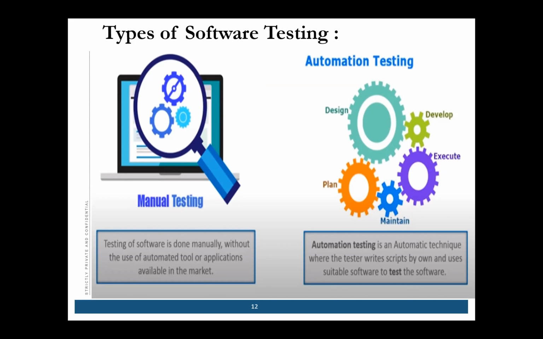We have to write everything we want to do, and then we run that script to test whether it is working fine or not. So that is the difference between manual and automation. In manual, we go there and do it ourselves, and automation will do it automatically.